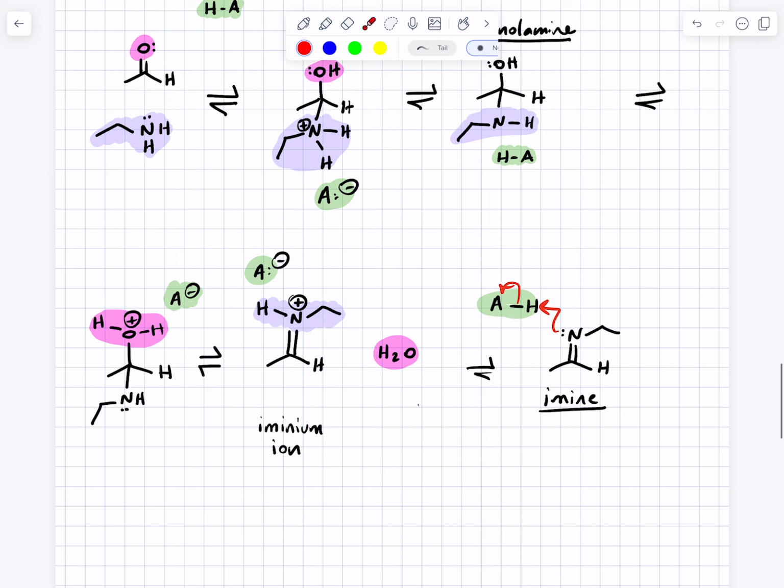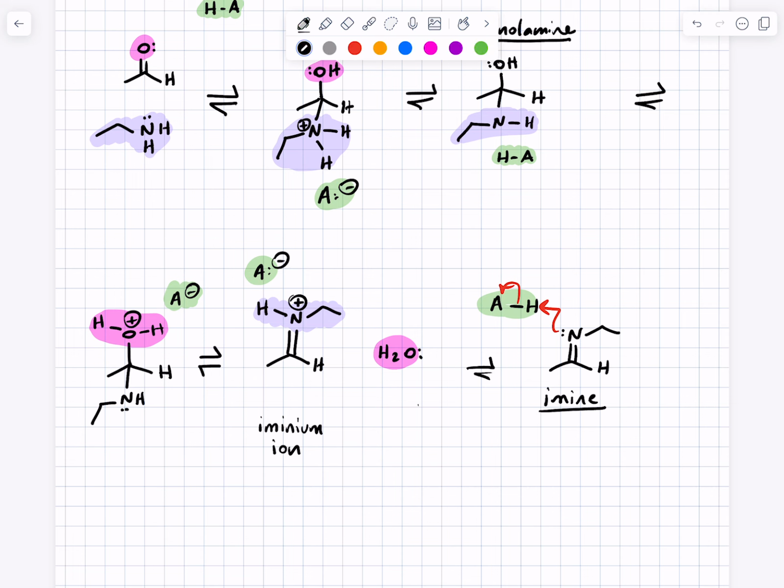Now, from that iminium ion, the previous intermediate in imine formation was this intermediate where the oxygen is positively charged. Here, with the iminium ion, I have the iminium ion and water. How do you think I get from here to here? What does the attacking?